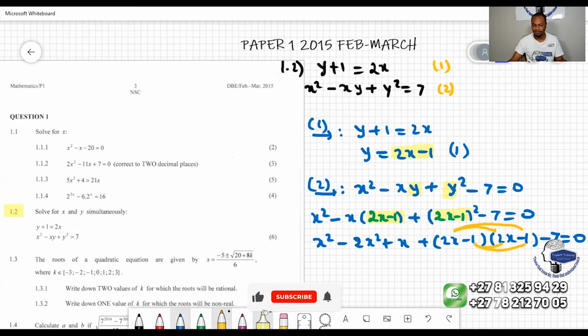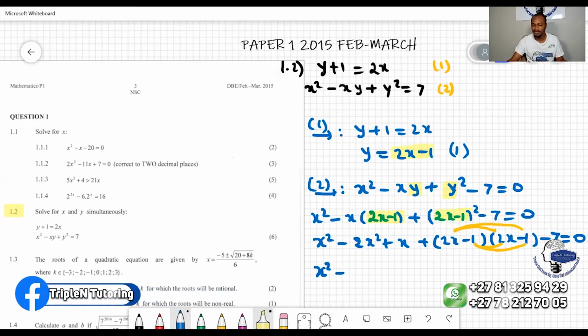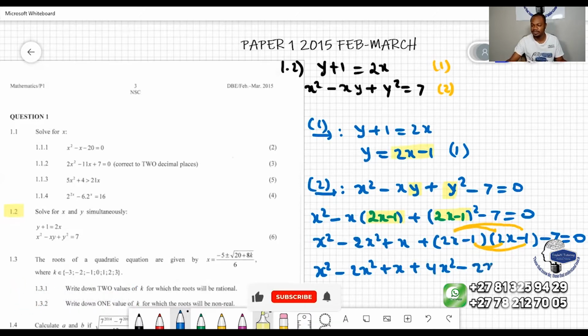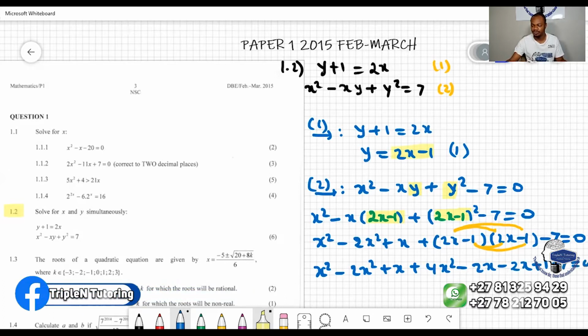So this will become x squared minus 2x squared plus x. 2x times 2x makes 4x squared. 2x times negative 1 makes negative 2x. Negative 1 times 2x makes negative 2x. And negative 1 times negative 1 makes positive 1. And then we have minus 7 equal to 0.